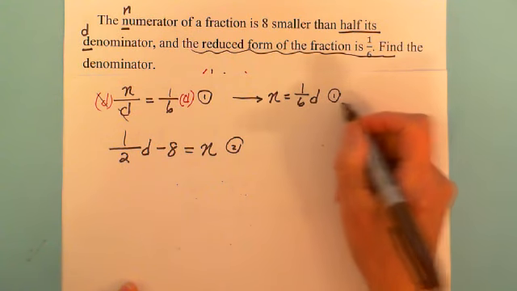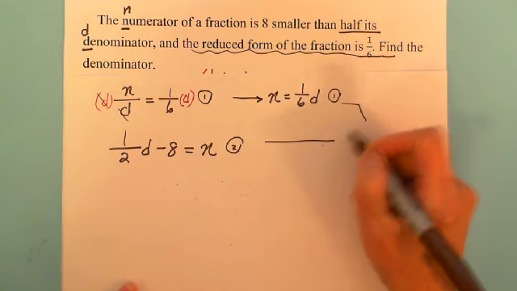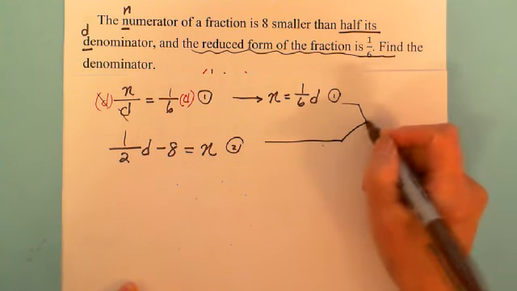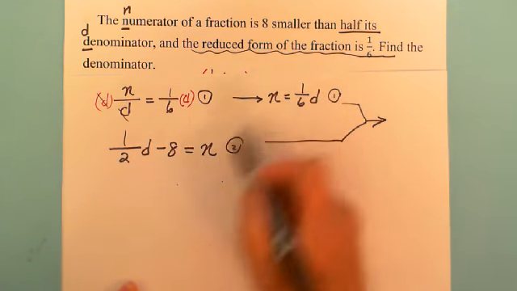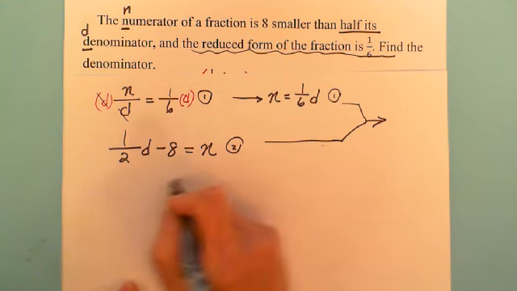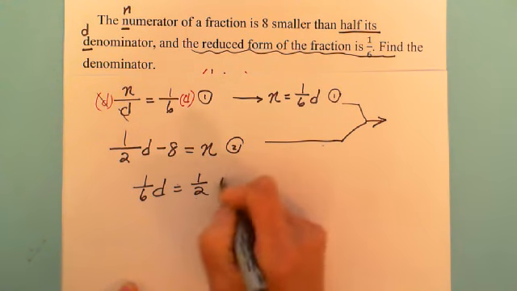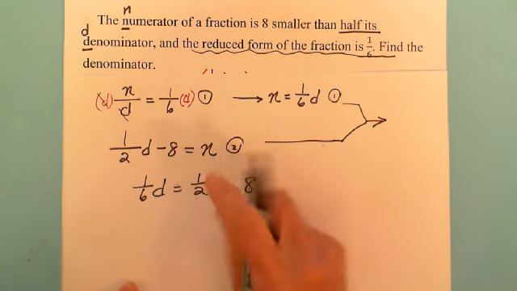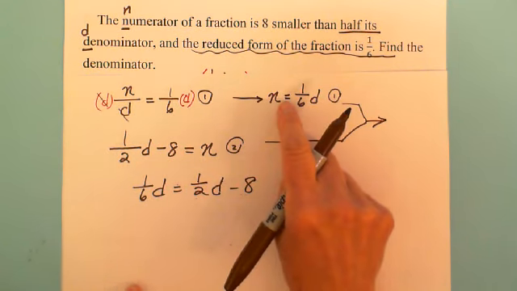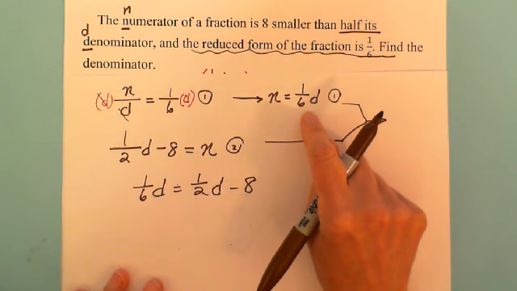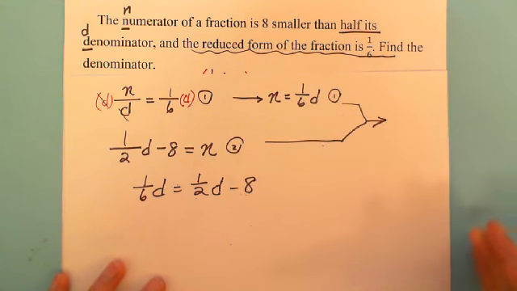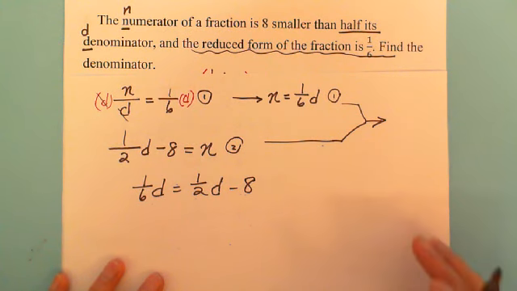You write 1/6 d equals 1/2 d minus 8 because n equals n. This method in solving linear system of equations, normally we call comparison method.